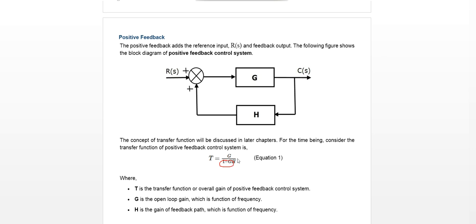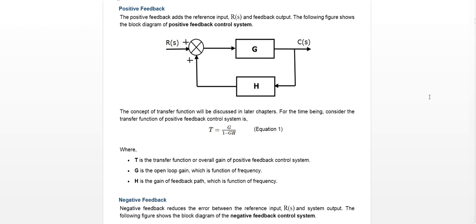So if the transfer function has 1 minus GH, that means the feedback is positive. T here is the transfer function or the overall gain of the positive feedback control system. G is the open loop gain, which is a function of frequency, and H is the gain of the feedback path, which is also a function of frequency.